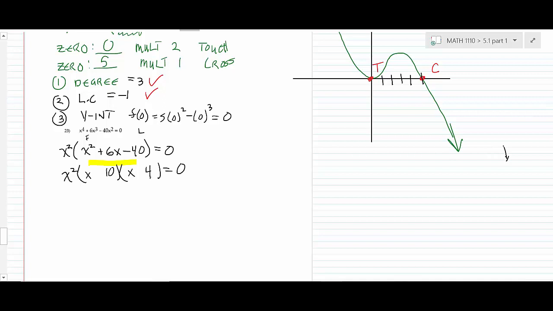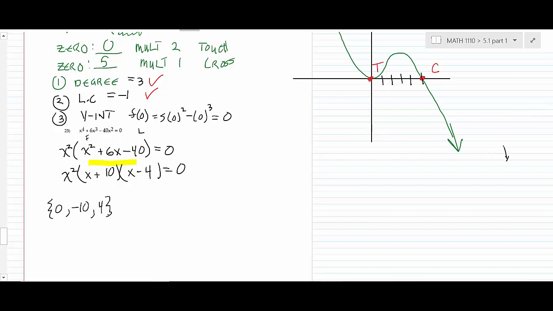So 10 and 4, and then the signs have to go plus 10 minus 4, because 10 minus 4 is the 6. If you were solving this equation, what are the three answers to this problem? You want to do that in your head. What are they? 0, negative 10, 4. Those are your answers.